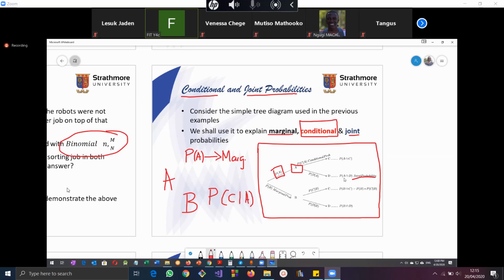So it's A intersection D, and all of these are joint probabilities. In joint probability, we normally multiply. That's why you used to multiply along this line. You were finding joint probabilities back in the days. So in joint probability, we usually multiply.